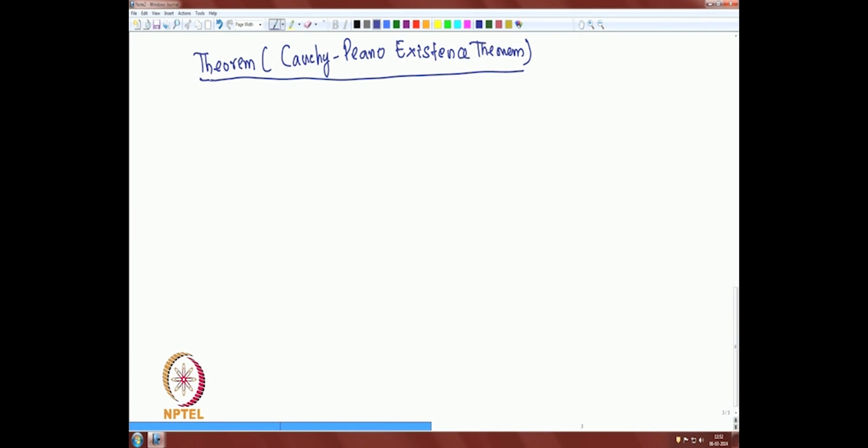Under the same conditions of the previous theorem, we are going to show that the initial value problem is going to have a solution.